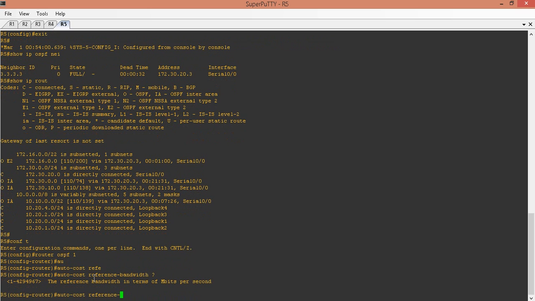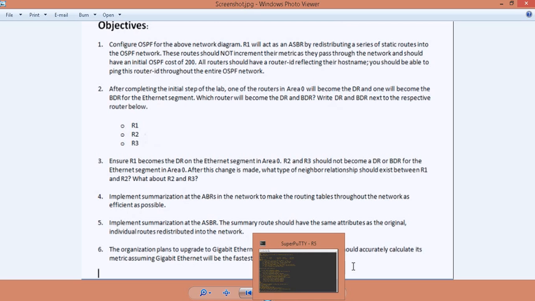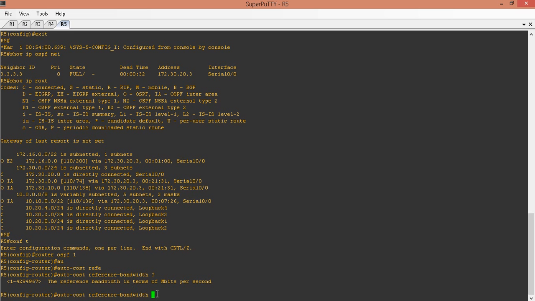Now we choose what the question tells us: assuming gigabit Ethernet will be the fastest. That's 1000. Gigabit Ethernet is equal to 1000. So I should put 1000 here. 1000 megabits per second is 1 gigabit.